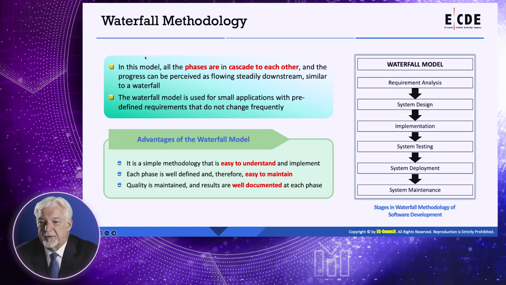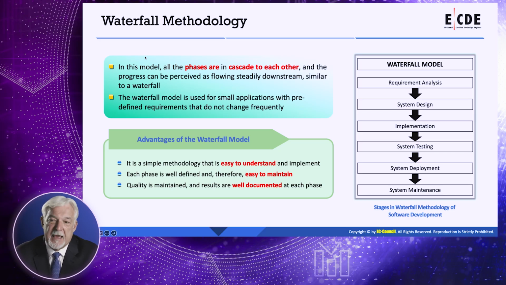The waterfall methodology, like I said earlier, everything that happened subsequent to one piece of this process took inputs from the previous piece of the process. The phases cascade into each other, and the process can be perceived as water flowing steadily downstream, similar to the waterfall. The waterfall model is used for small applications with predefined requirements that don't change frequently.